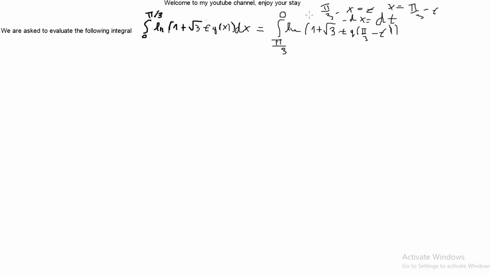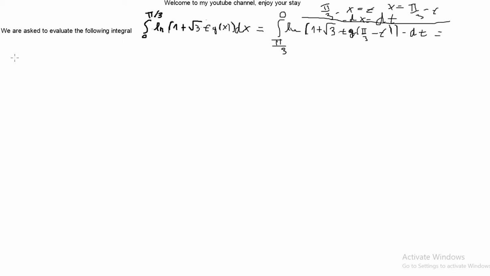Okay, this looks better. Tangent, times negative dt. This is what we have.